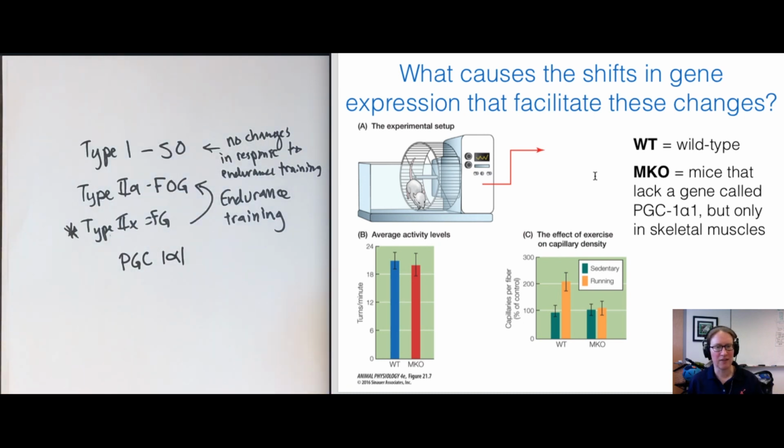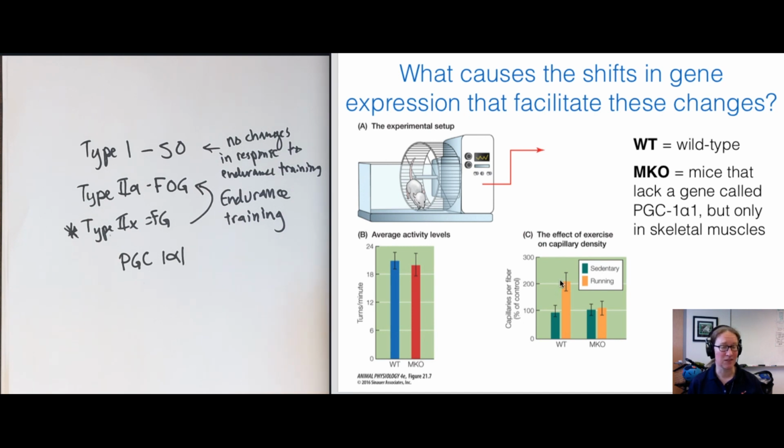So if we look at the graphs here down below, this highlights average activity levels for both mouse types. So I hope you can see from this graph that there's no major difference in the extent to which these mice are active. But if we look over here on the right-hand side at capillary density and changes to capillary density in response to exercise, what I hope you can see here, so sedentary mice have very similar capillary densities.